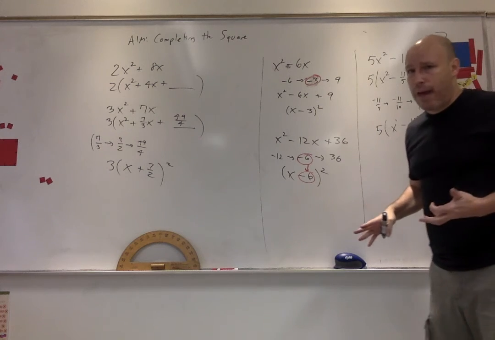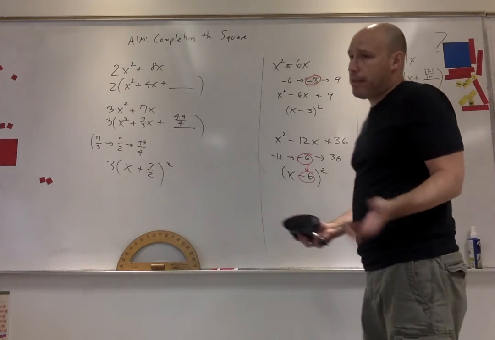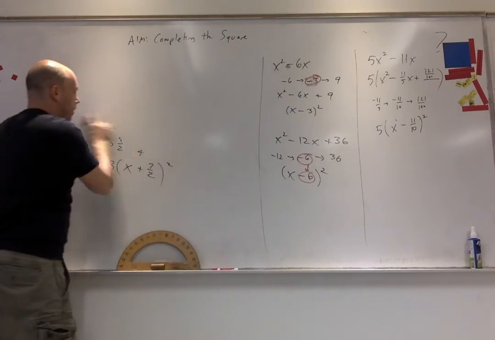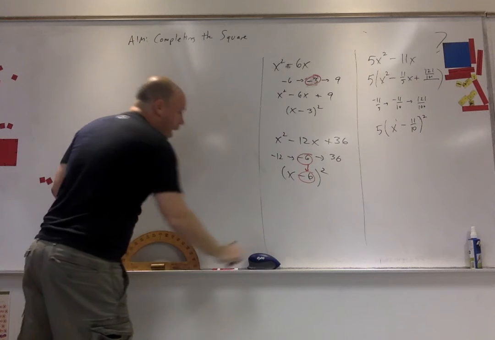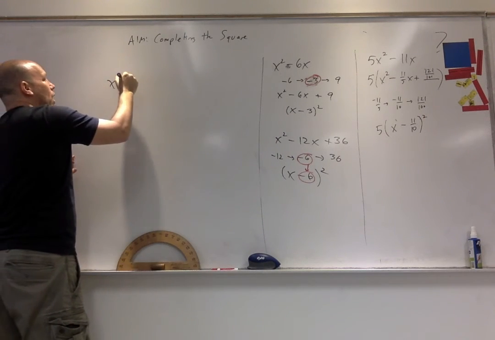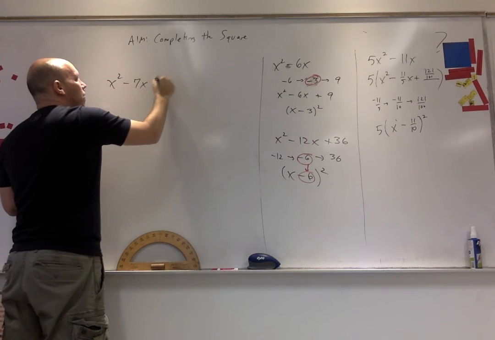Personally, I'm a big fan of completing the square because it's going to make your life easier when we deal with all the complex numbers. So for example, the second you get a quadratic, I use completing the square. So for example, you have x squared minus 2x equals 9.